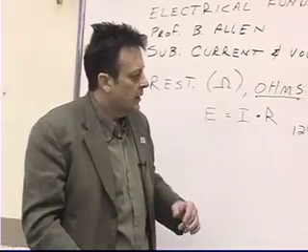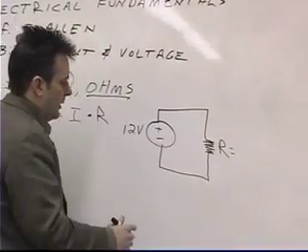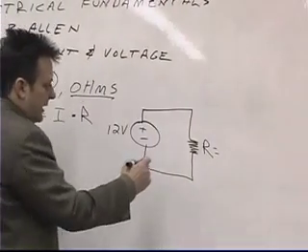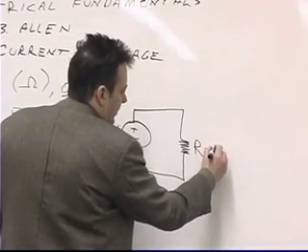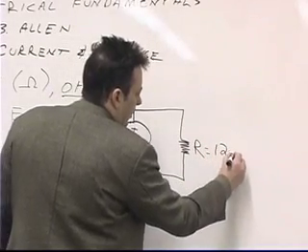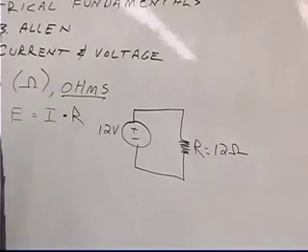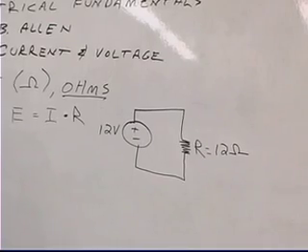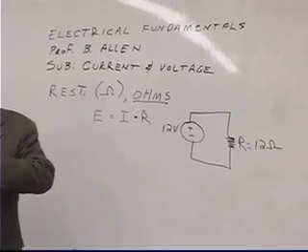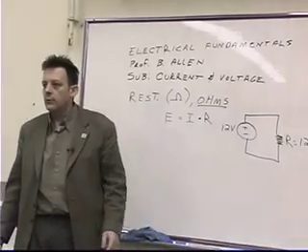So let's just say, for simplicity's sake, that the resistance of this hairdryer was 12 ohms. In reality, it's not going to be 12 ohms. It's going to be more than that. But let's just say, for simplicity's sake, that we found one, or we could make one, that was 12 ohms.